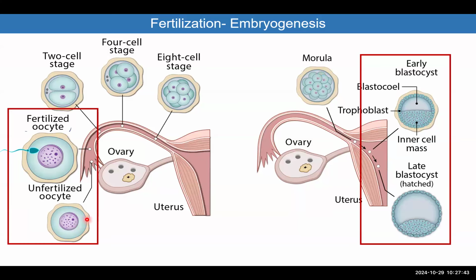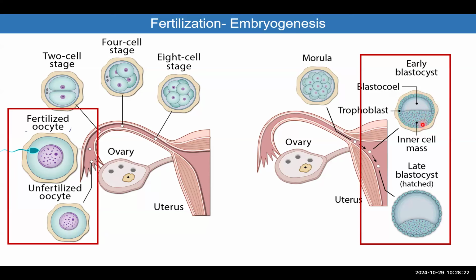So the stages would be an egg that is fertilized, and now you have 1 cell with 2 pronuclei, and then they fuse, and then after that divide into 2 cells, 4 cells, 8 cells, 16 cells, and that's probably the morula. After that, it will be a blastocyst, where you have some sort of cavity, and there are embryonic stem cells around that.